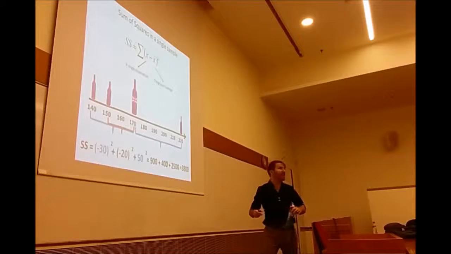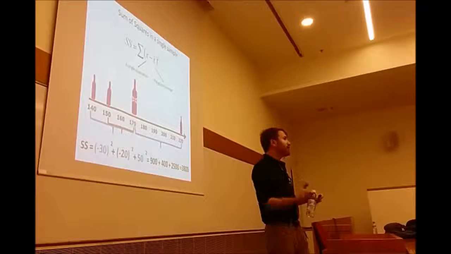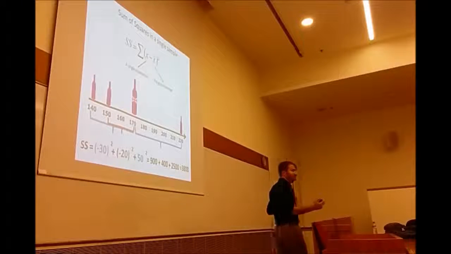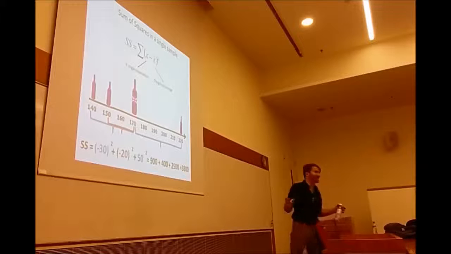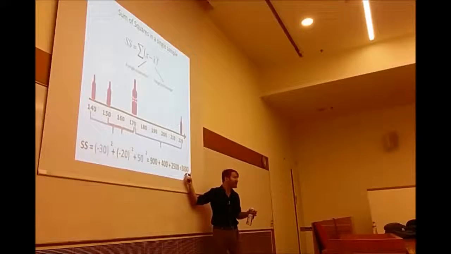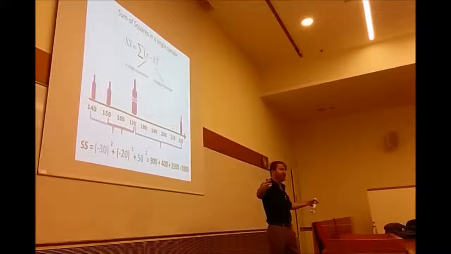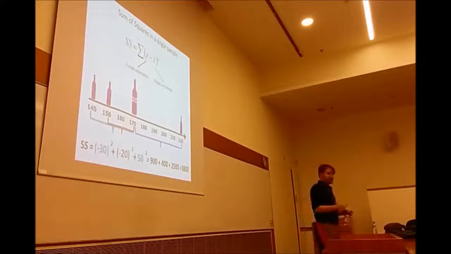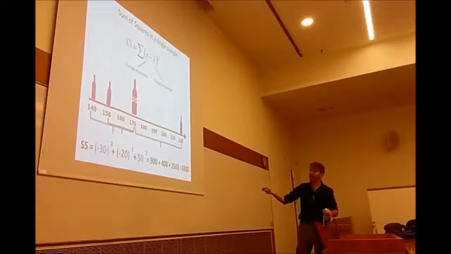So the sum of squared deviations is this. Okay, we got SS equals 3,800. What does that say? Not a lot, basically. The only thing that we know is that the larger this number is, the more differences we have in our group.